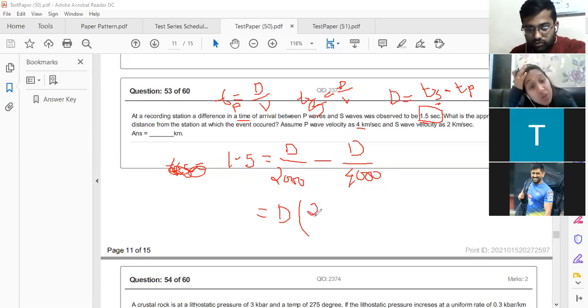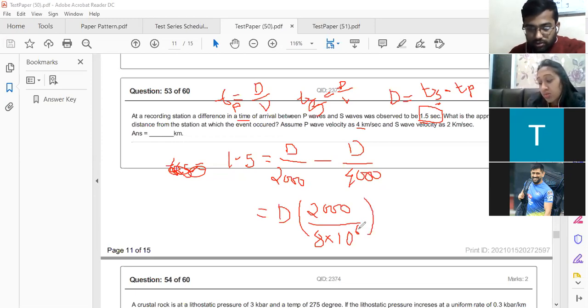So 4000 minus 2000, you get 2000 in the numerator, and 8 multiplied by 6 in the denominator. Here you have 1.5.